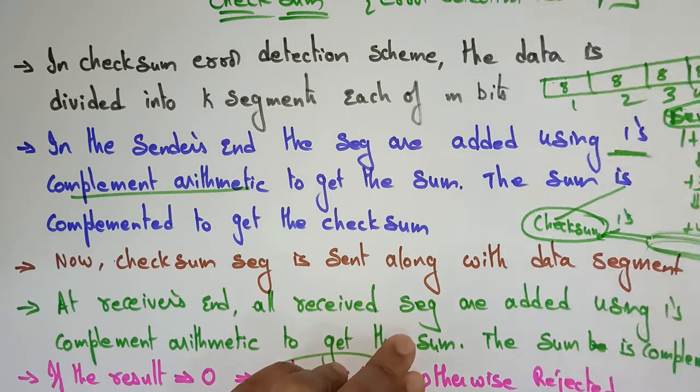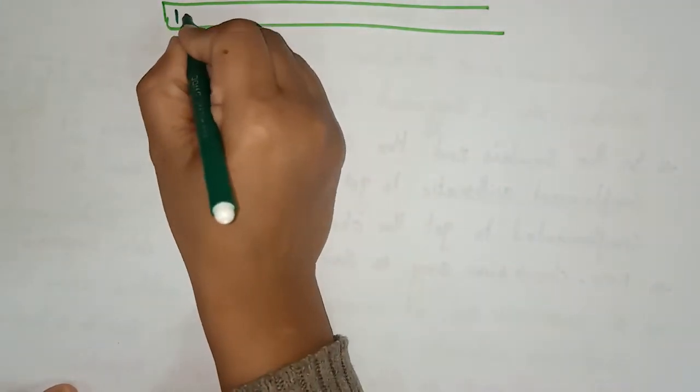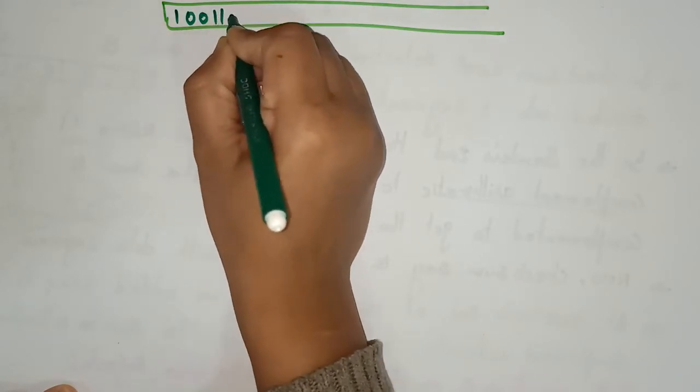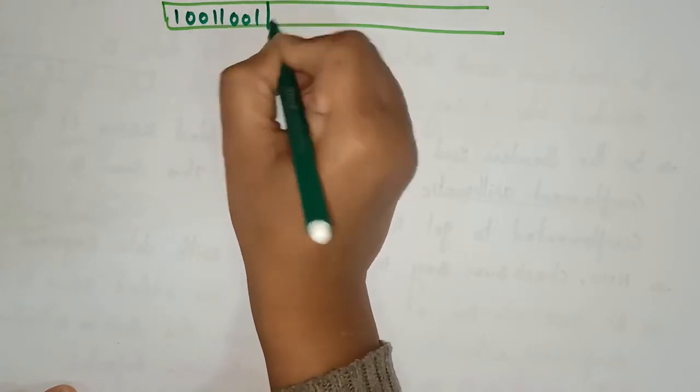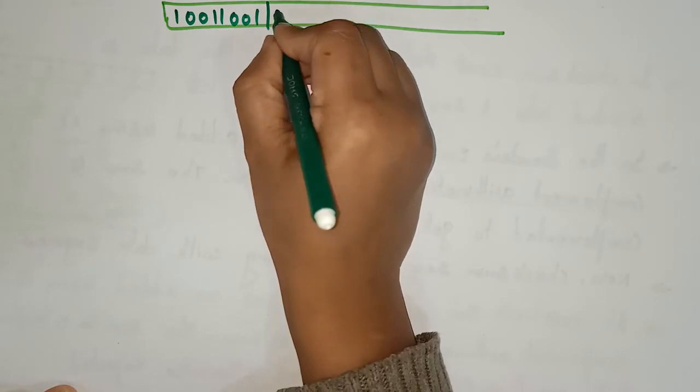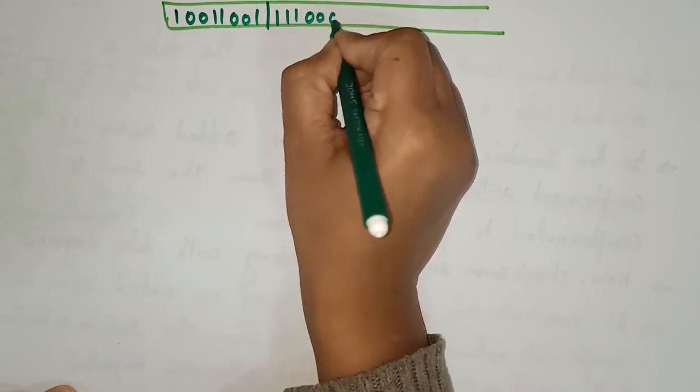So let me explain with an example so that you can clearly understand what is happening here. Let me take my original data and divide it into segments. The first segment is 1 0 0 1 1 0 0 1. The second segment is 1 1 1 0 0 0 1 0.